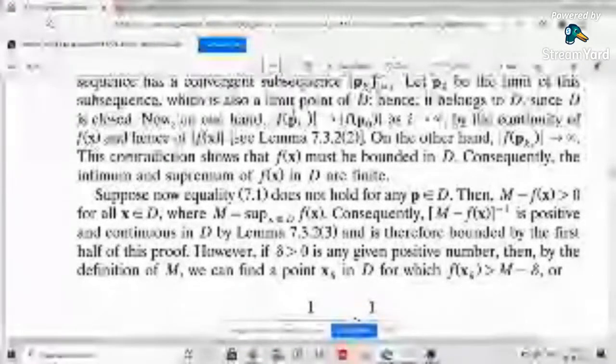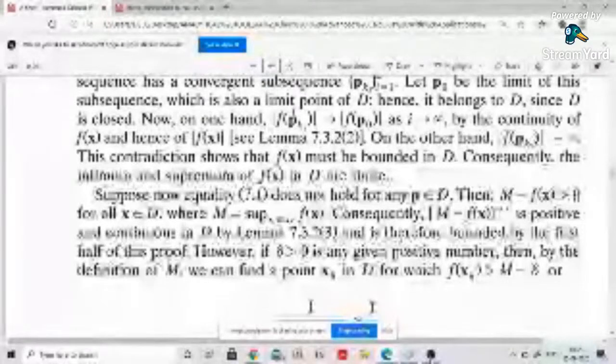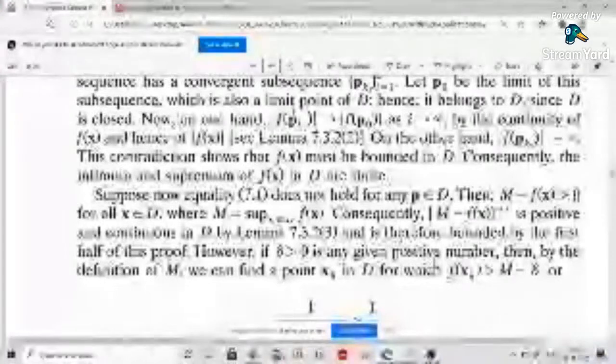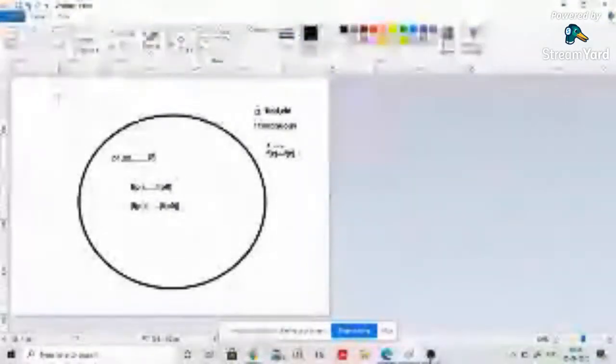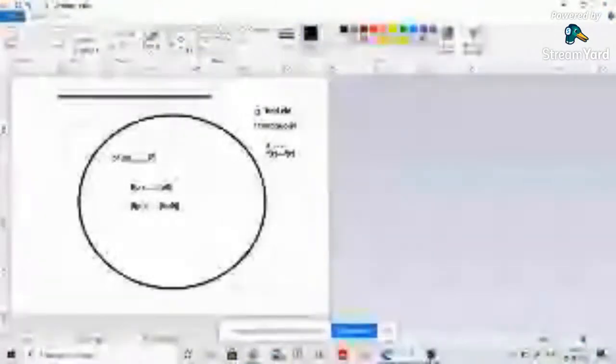So you know that since M is a supremum, I will show you by plotting. Just look at this figure.